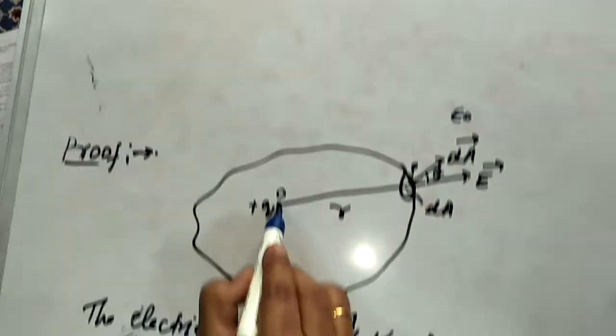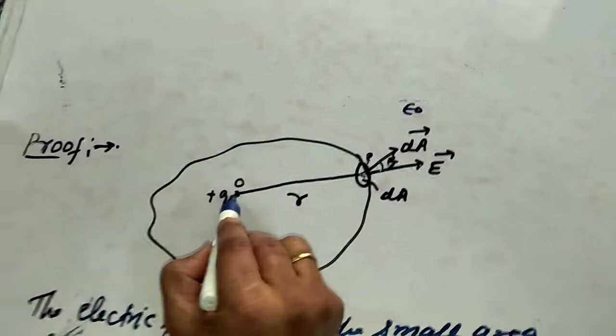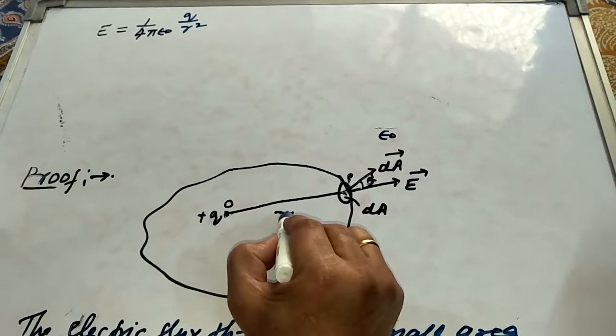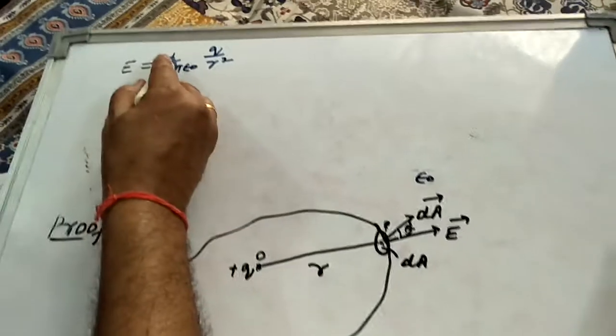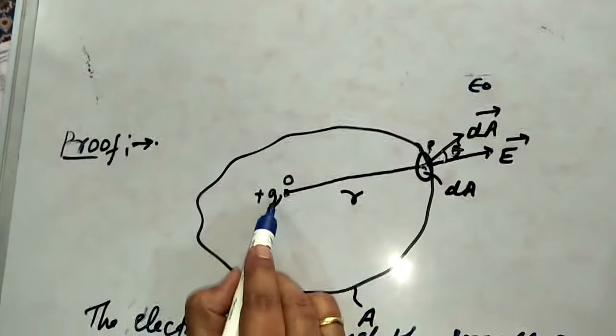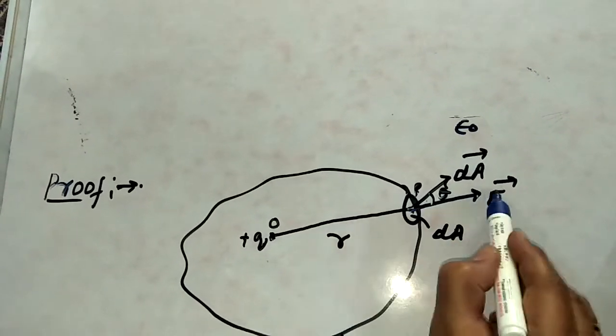This charge plus q is at distance r from this point P. So the electric field due to this charge plus q at this point P, at distance r, is given by 1 upon 4 pi epsilon naught q by r square. And since this charge is positive, the electric field at this point will be directed away from it.